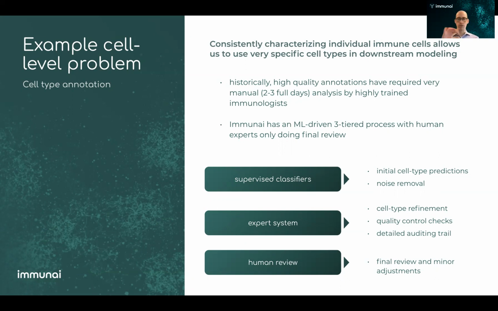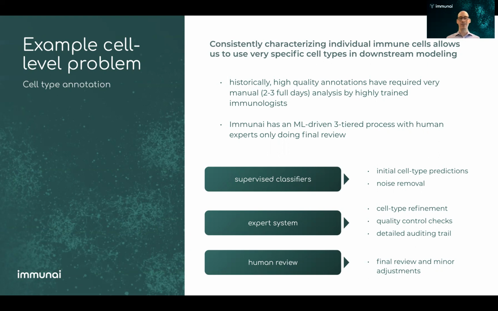We then have wrapped around that an expert system, which uses some additional domain knowledge to do some cell type annotation refinement, and almost more importantly, also adds a layer of quality control checks and auditing, right? And anyone who's used machine learning in a production environment knows the importance of QC and auditing trails.